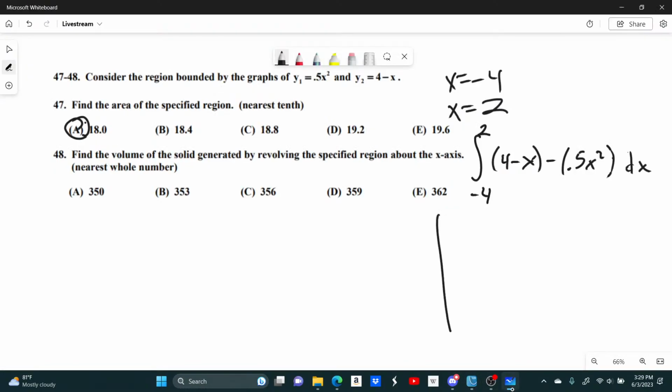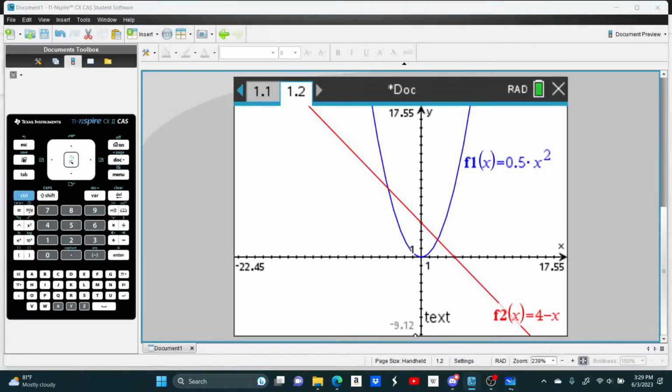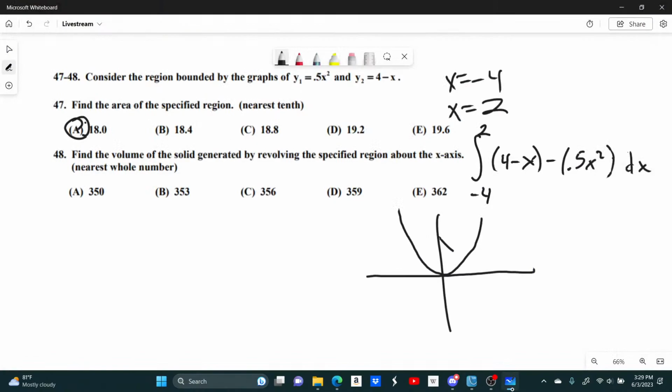Drawing graphs is probably not my strong point, but that wasn't too bad. And then 4 minus x would look something like this. Okay, so that's -4. That's 2.